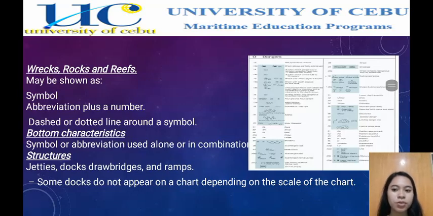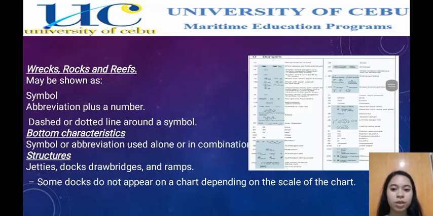Wrecks, rocks, and reefs may be shown as a symbol, abbreviation plus a number, dashed or dotted line around the symbol, bottom characteristics, symbol or abbreviation used alone or in combination, structures, jetties, docks, drawbridges, and ramps.